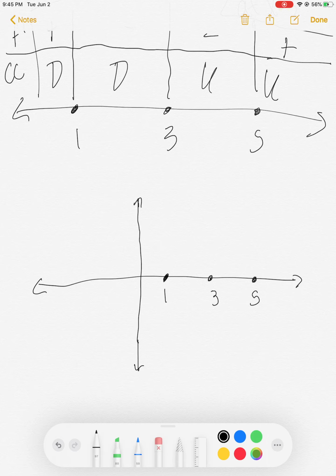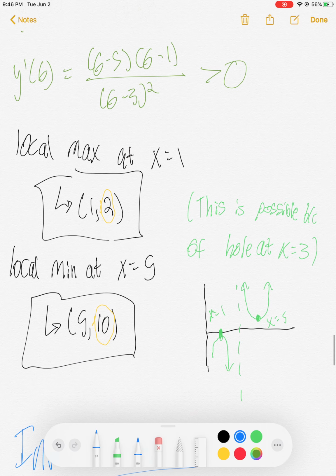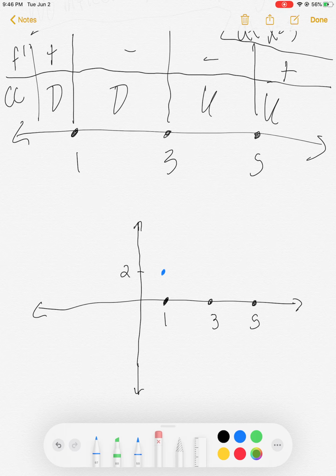And you can see how we've chopped this up into these intervals. So if I'm to the left of 1, first let's find the y-coordinate at 1. I think we already did this. Yep, 1, 2. Let's label, where would 2 be? Like here. So this is the point 1, 2.